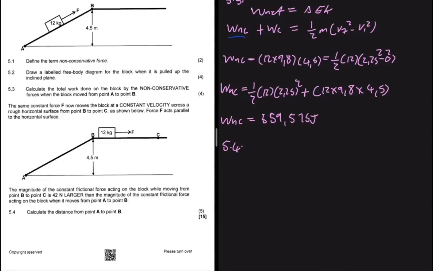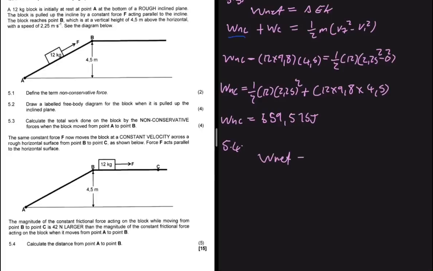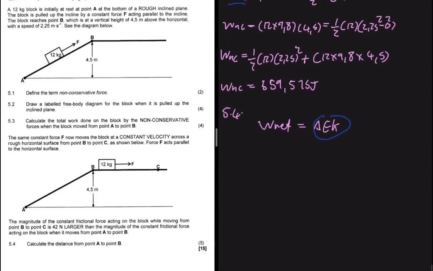The magnitude of the constant frictional force acting on the block while moving from point B to C is 42 newtons, which is larger than the magnitude of the constant frictional force acting on the block when it is moved from point A to B. Then let's calculate the distance from A to B. Net work is equal to the change in EK, and the change in EK is 0 because it is moving at a constant velocity.